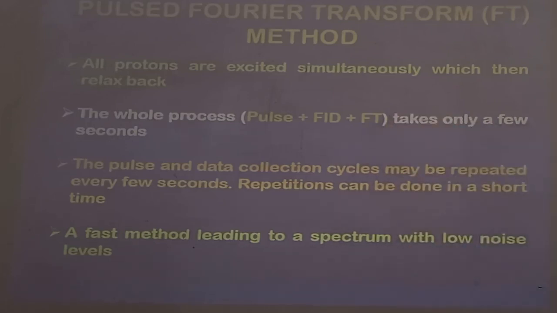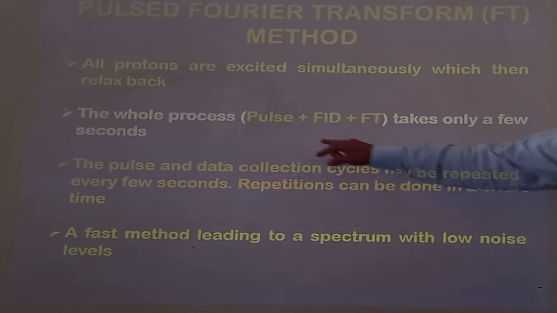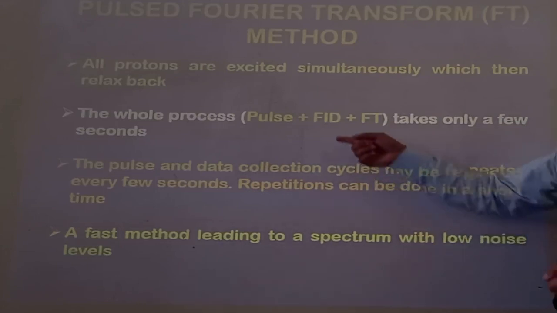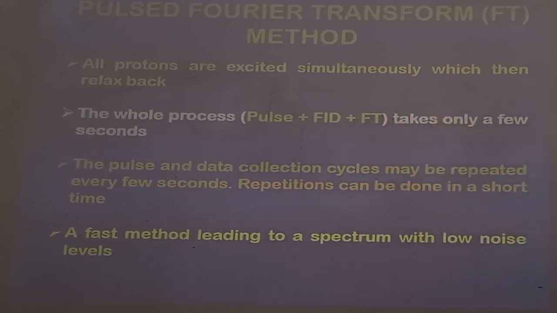We convert this time domain signal into a frequency domain signal with the help of a mathematical operation which we call the Fourier transform. So the steps involved in pulsed Fourier transform technology are the pulse, followed by acquisition of the FID, and then conversion of the FID into a frequency domain signal through Fourier transform.